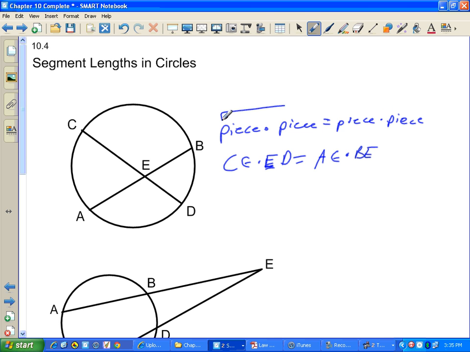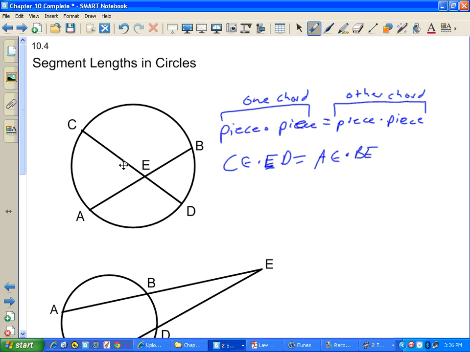These two are from one chord, and these are from the other chord. So I'm just going to say CE times ED equals BE times EA. This piece of this chord times the other piece of the same chord equals the two pieces of this chord multiplied together. And that's how we can solve.